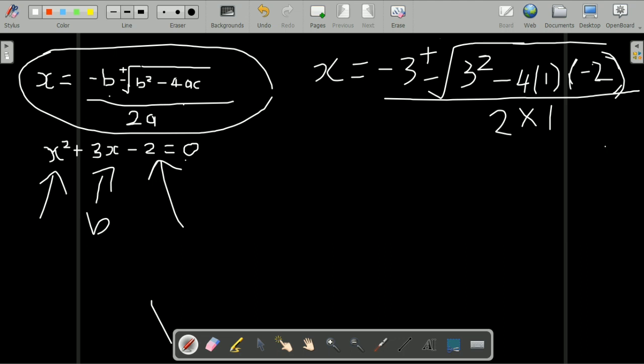After squaring 3 squared, plus or minus, we get a 9.